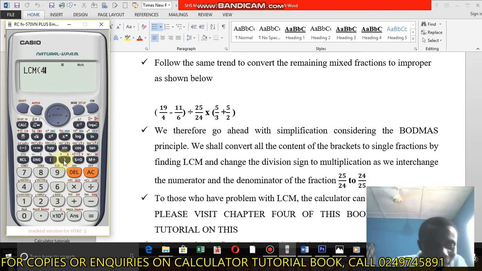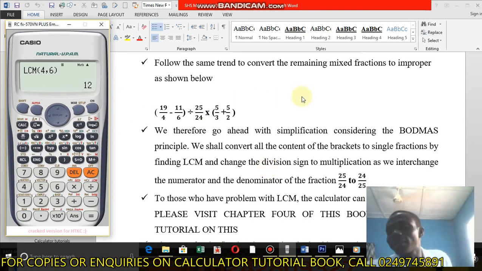Comma is on top of the close bracket; you need to press shift because that comma is in golden color. Good. 4 and what? 6. Good. You close the brackets. Now you press equal to, giving you 12. So the LCM for 4 and 6 is 12.